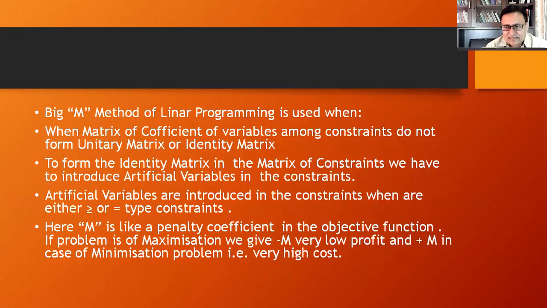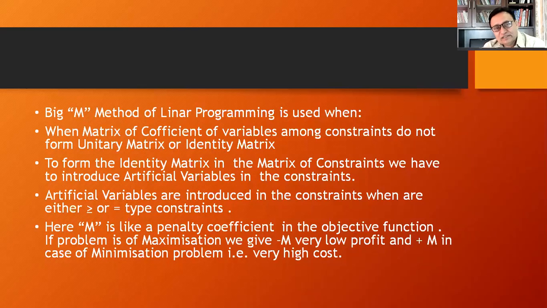Suppose there are three constraints, then a 3 by 3 unitary matrix is required from the coefficients of the variables among the constraints. That means a unitary matrix or the identity matrix means that the diagonal elements are 1 and other elements are 0. And to form the identity matrix in the matrix of constraints, we have to introduce artificial variables in the constraints.